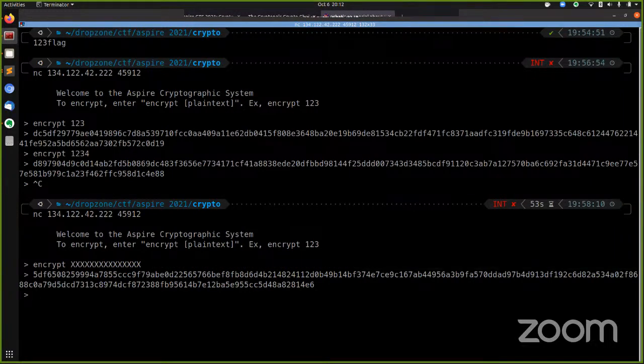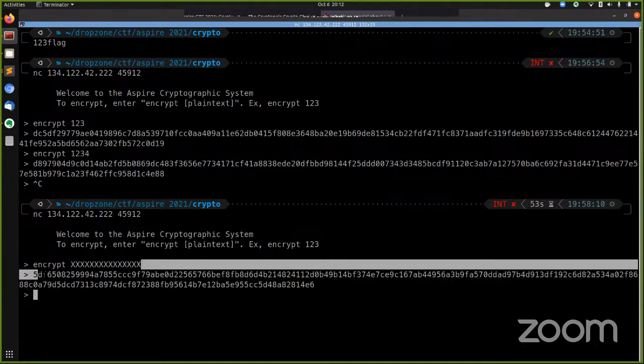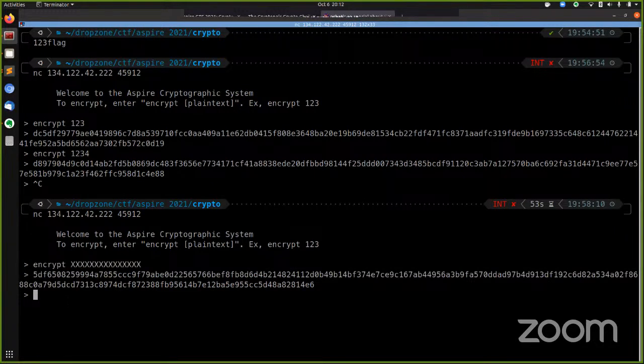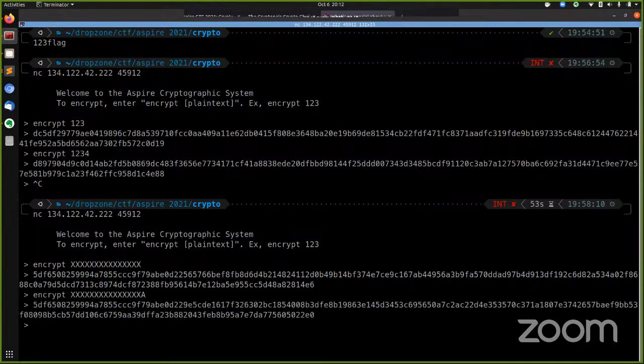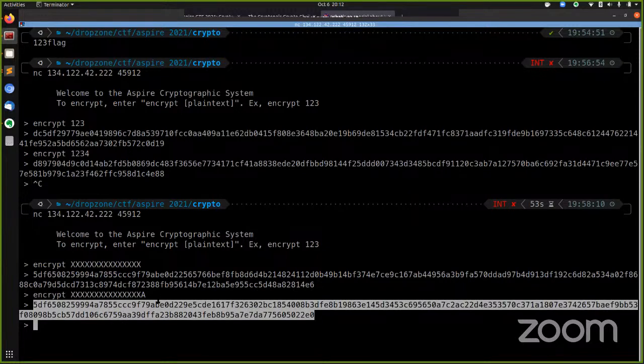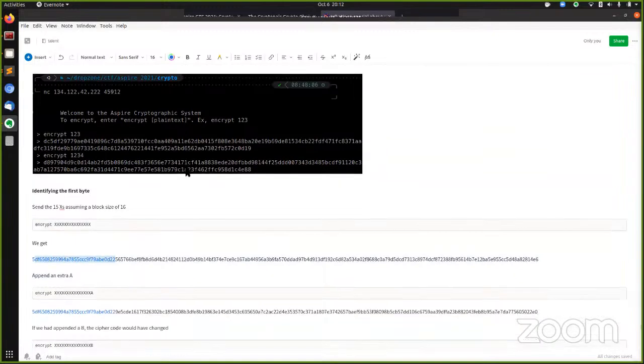So what if we send this again? Now we append an A. If you append an A and check the ciphertext, we see that we have received the exact same ciphertext for the first block, and I have copied it here. If you compare the first block here and this first block here, you see they are very similar.